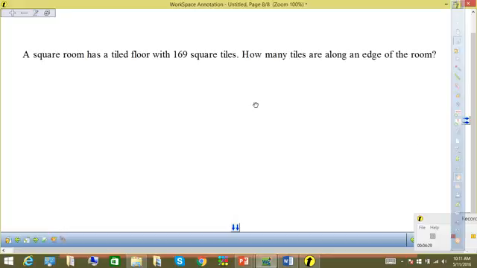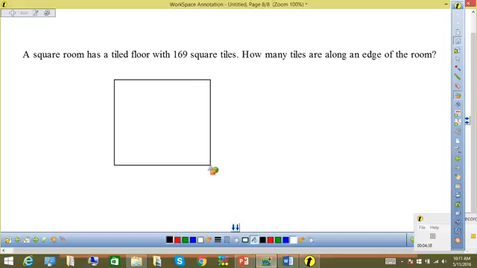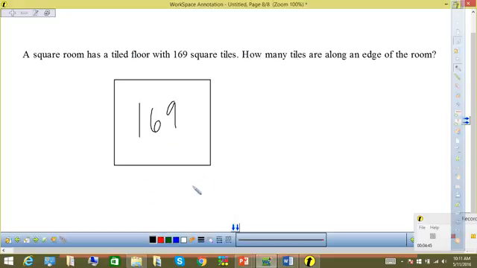So it says, a square room has a tiled floor of 169 tiles. So what figure are we going to draw? A square. And it has a squared tile floor of 169 tiles. So in here there's 169. And it's a square. That means a number times itself, that gives me 169.